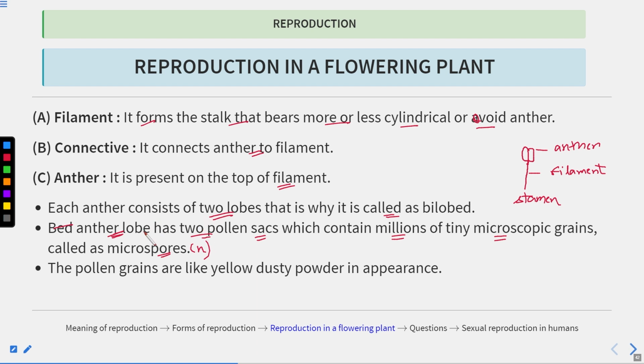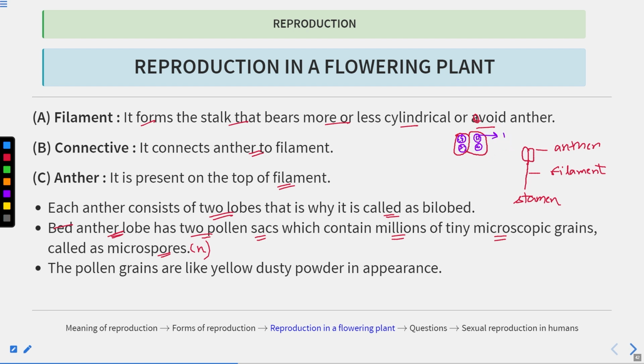Clear? So each lobe will contain two pollen sacs. If we enlarge the structure of the anther, each lobe will contain two pollen sacs. So these are the pollen sacs in which the pollens are present. Here the pollens are present inside.